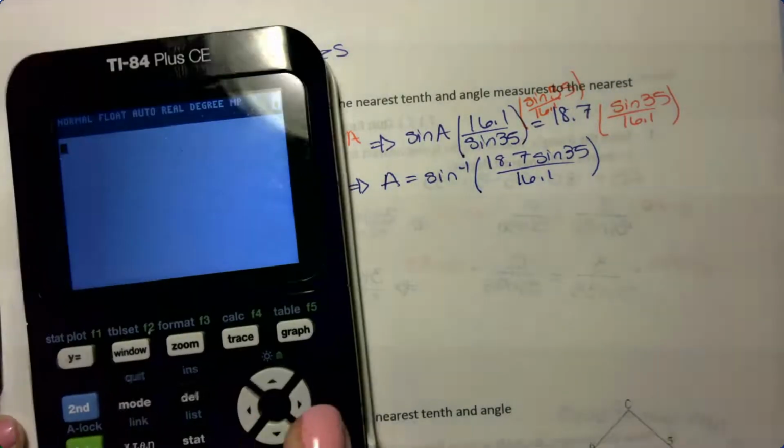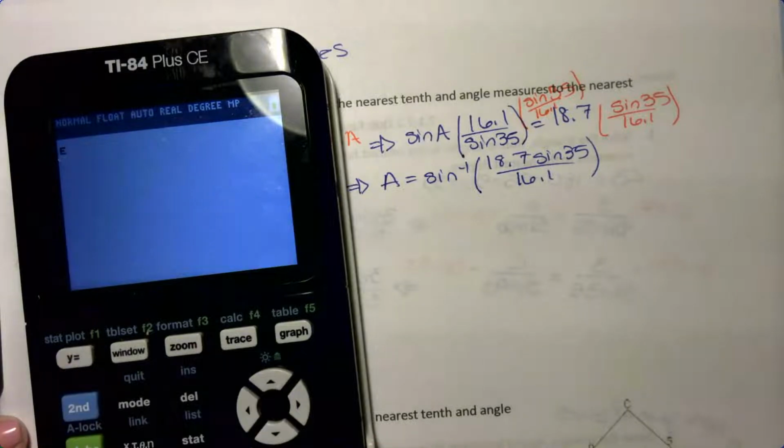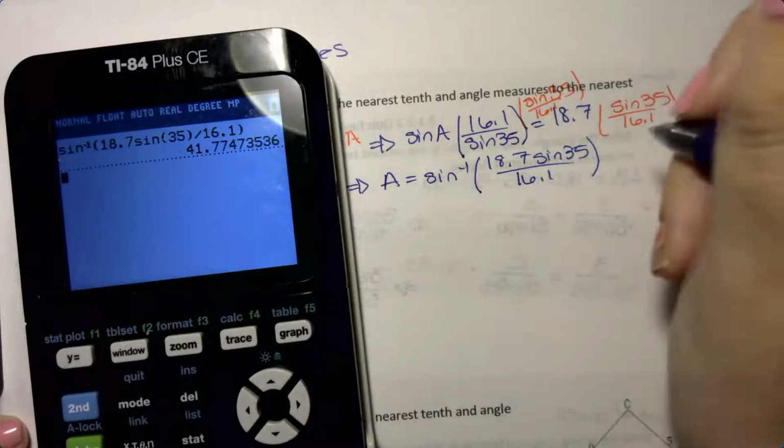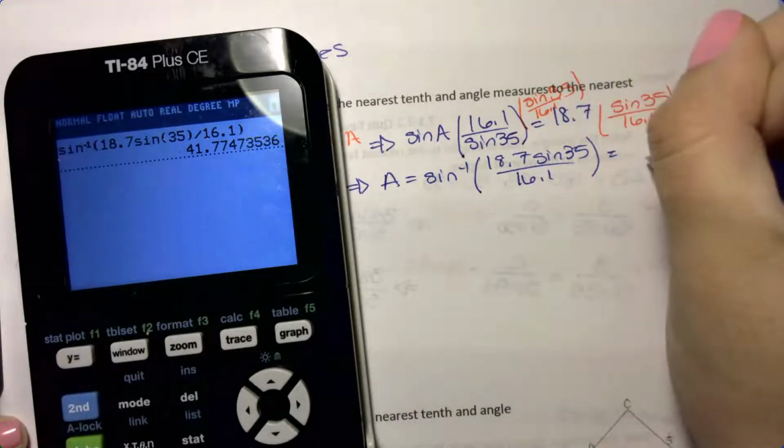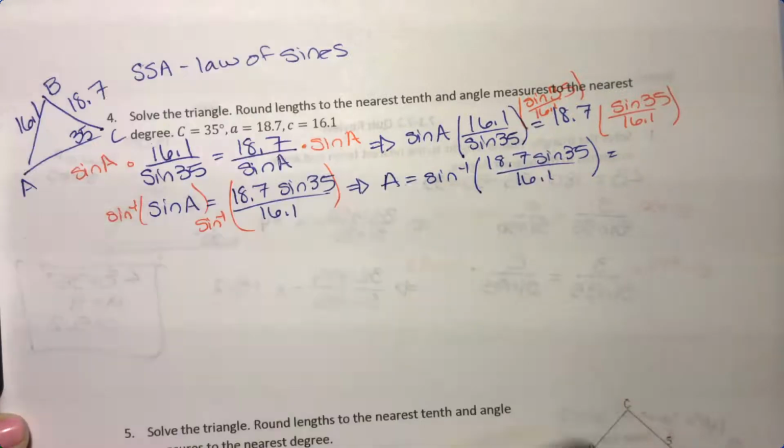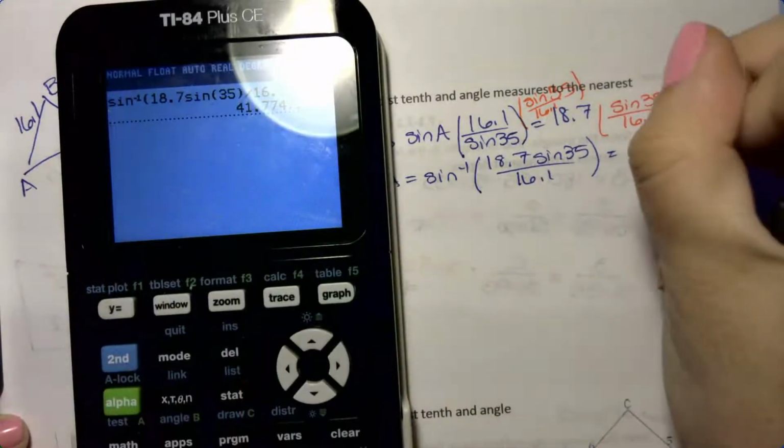Then I want to type this one into the calculator. Which gets me, this is an angle, so it wants angles to the nearest degree, 42 degrees.